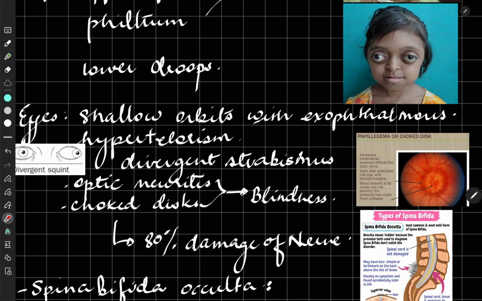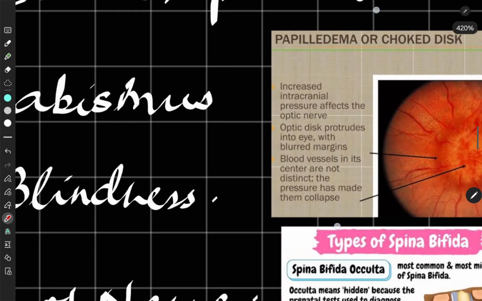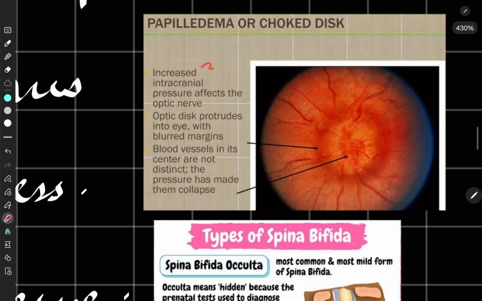What is optic neuritis? There is increased intracranial pressure because the brain wants to grow, but there is not enough space. Increased intracranial pressure affects the optic nerve. So the optic disc protrudes into the eye with blurred margins.